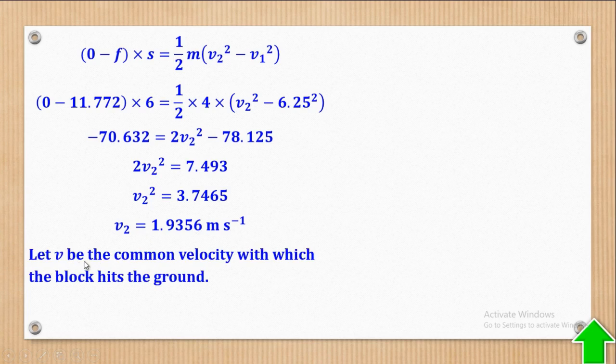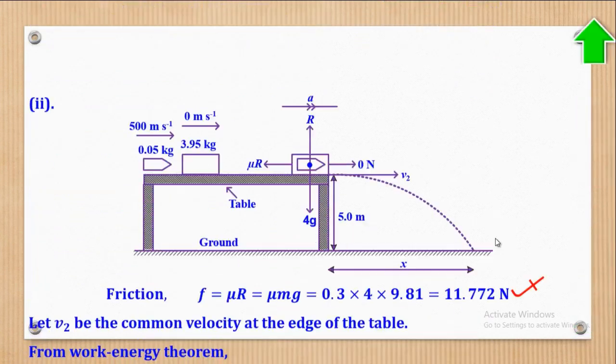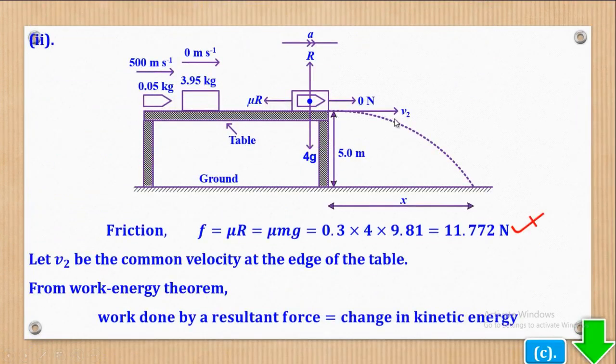So let v be the common velocity with which the block hits the ground. For vertical motion, we have the equation that y is equal to a half g t squared. Why? Because the entire velocity is horizontal. If you look at this, at this point the entire velocity at the start is horizontal, meaning that the vertical component of velocity is 0.